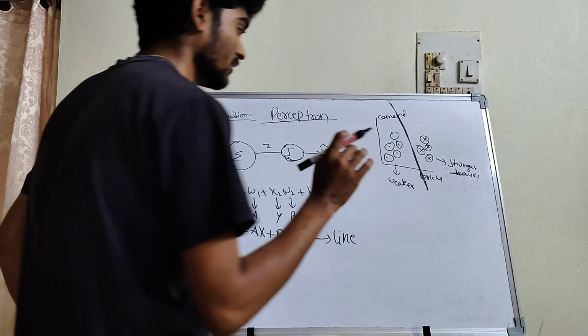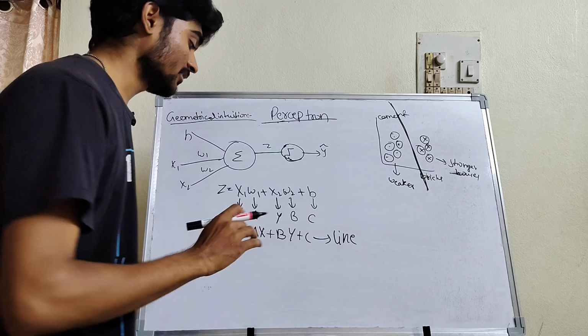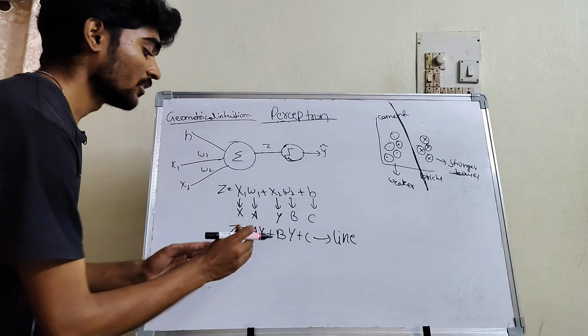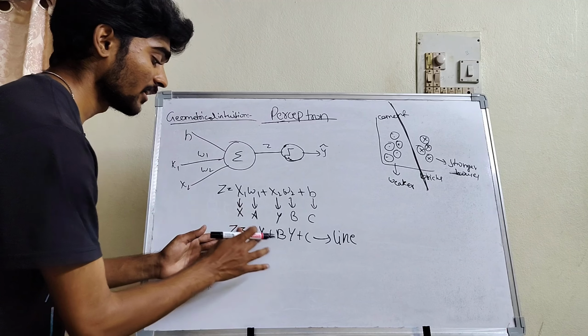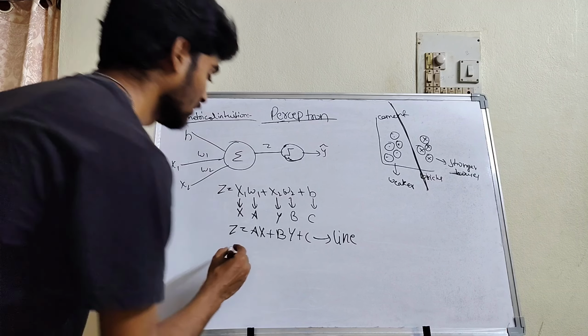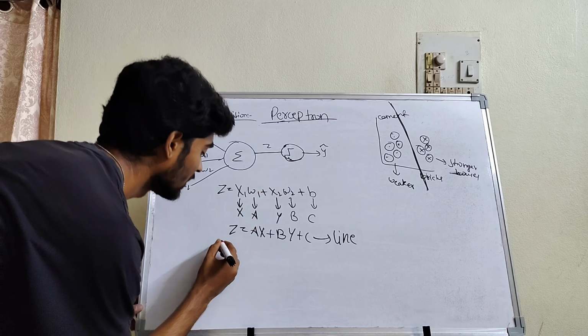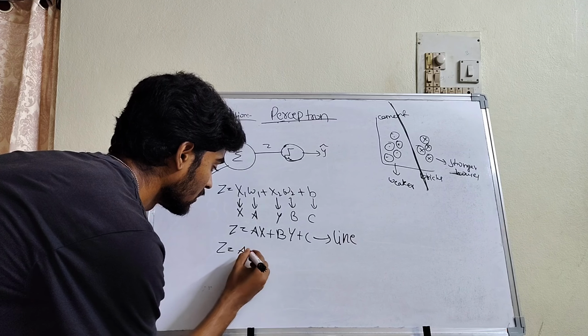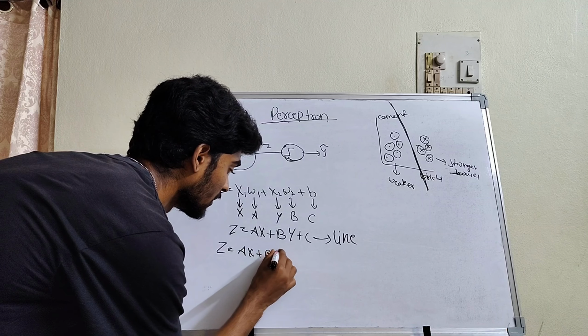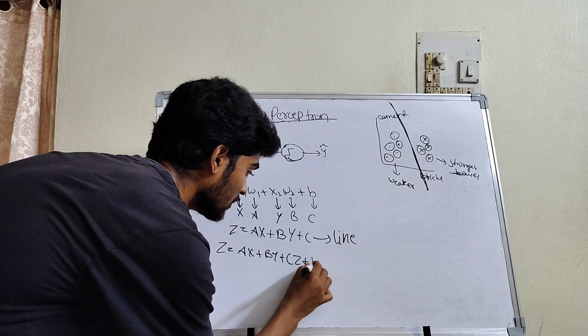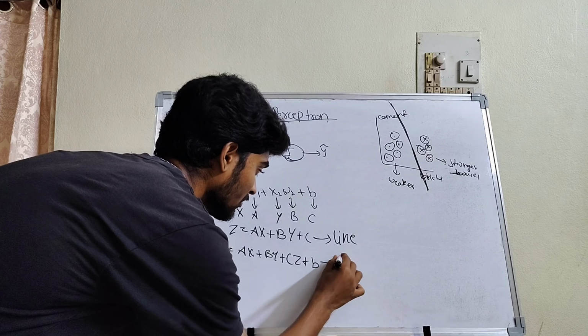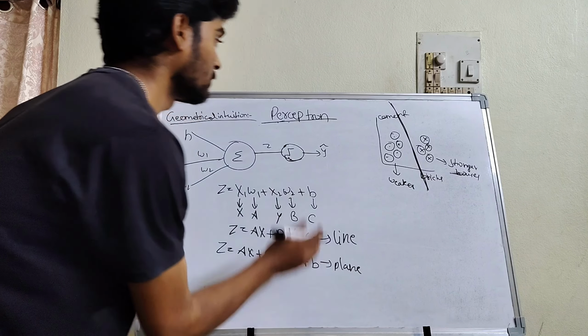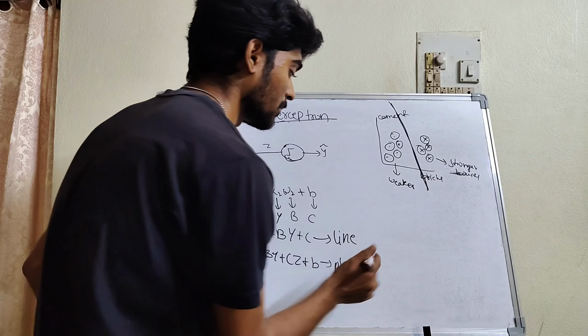Now let's see how it looks for three-dimensional data. Means you have three inputs, let's say x, y, and z are your inputs. Now let's write for three-dimensional data: z is equal to ax plus by plus cz plus b. For three-dimensional data, what a perceptron does is it creates a plane.